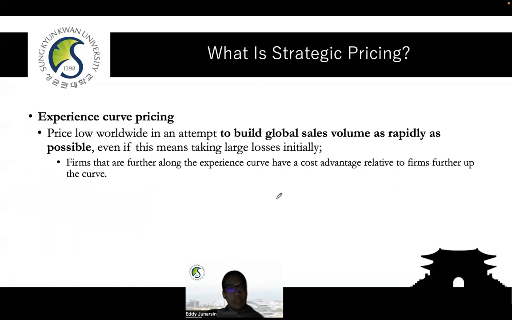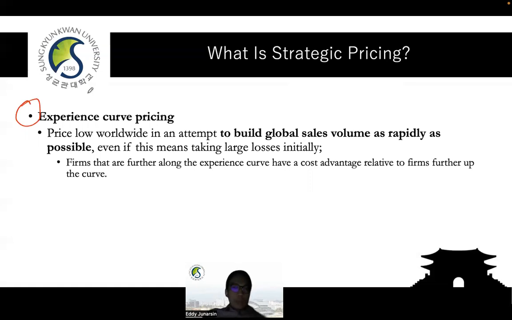And another strategy here, you can call it the bleeding strategy, or the experience curve. You're expecting that over time the prices could improve, but you're willing to sacrifice in the first maybe 3 to 5 years. What is the main purpose here?